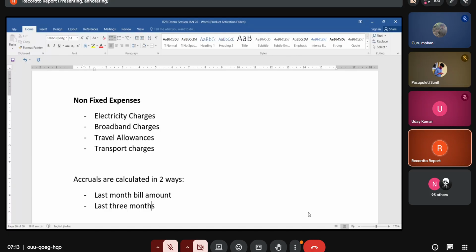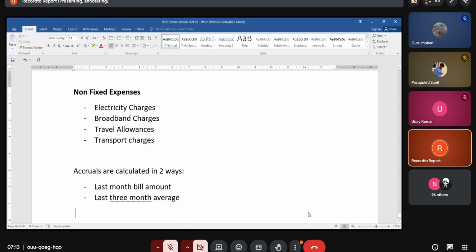So accruals are calculated based on two ways, guys: either the last month bill amount or the last 3 months average.